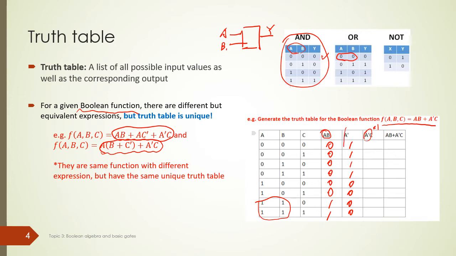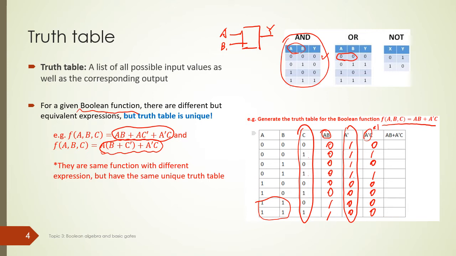Then we're just checking this column and this column to see when both have 1. So like here, we put 1 here, 1 here, 1 here. Do we have others? No. So all other values should be 0. Okay.